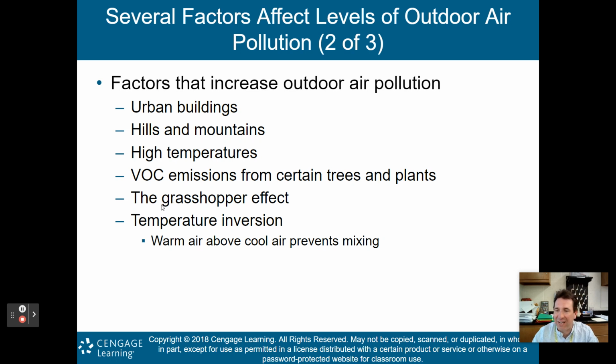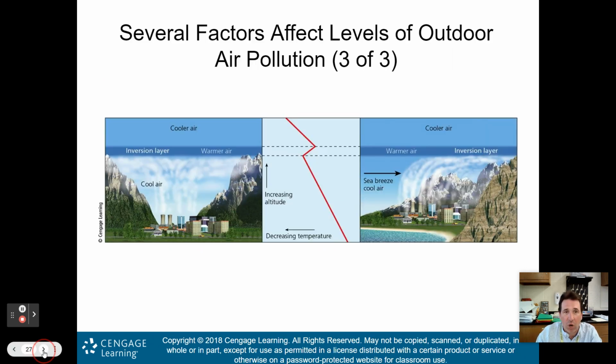The grasshopper effect is the effect of moving the pollution from one part of the world to another, like moving it up to the Arctic haze, that increases your air pollution effects, the movement of air around the Earth.